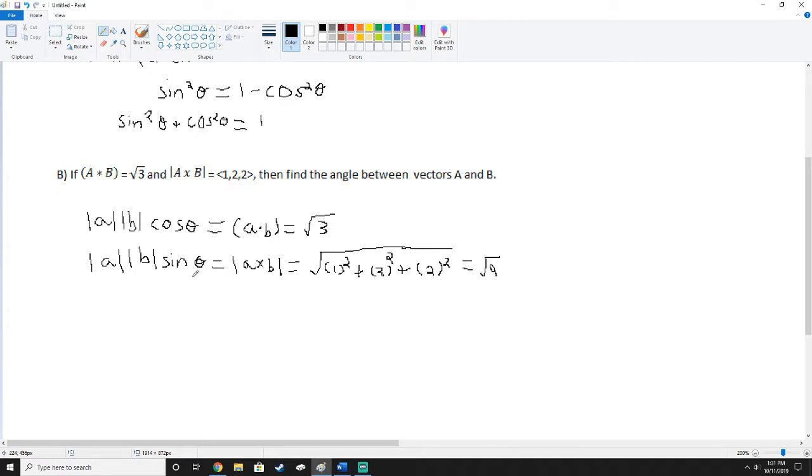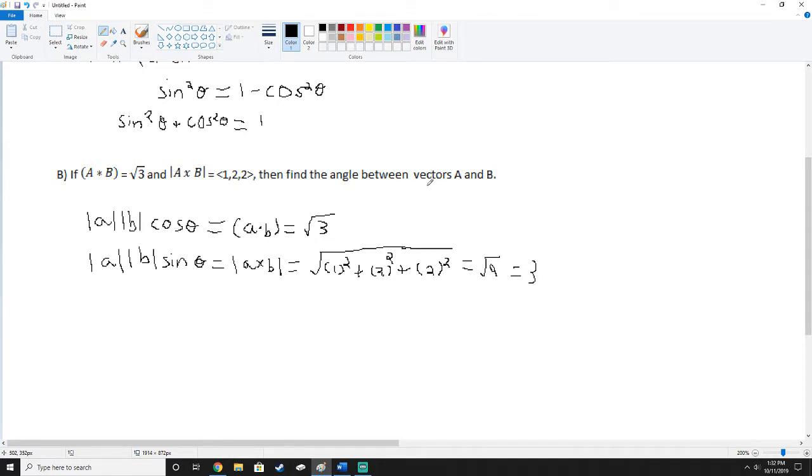Then we know the definition of the cross product. We have our vector coordinates, so let's plug in each of them for x, y, and z into the magnitude of our cross product. We square each of those coordinates, add them together, and take the square root. We're left with square root of 9, which is 3.